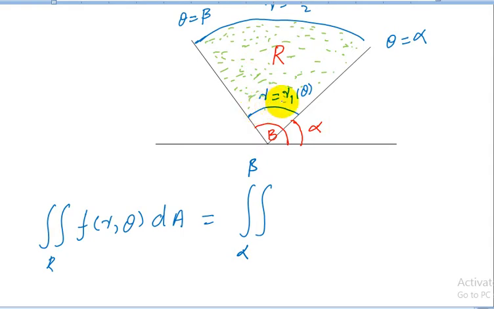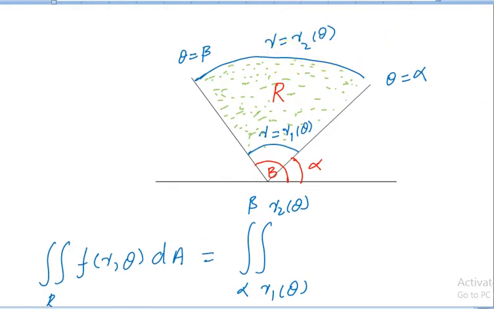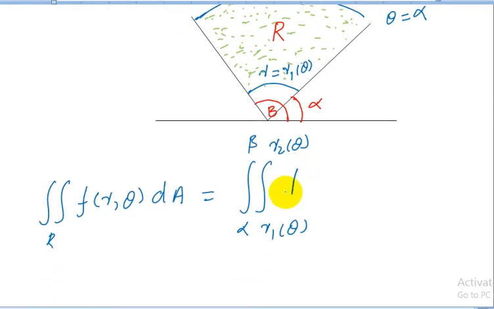The lower curve is r equal to r1 of theta, and the upper curve is r2 of theta, f of r theta. In polar coordinates, dA is equal to r dr d theta.